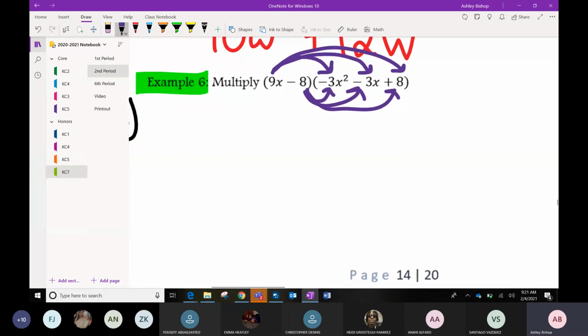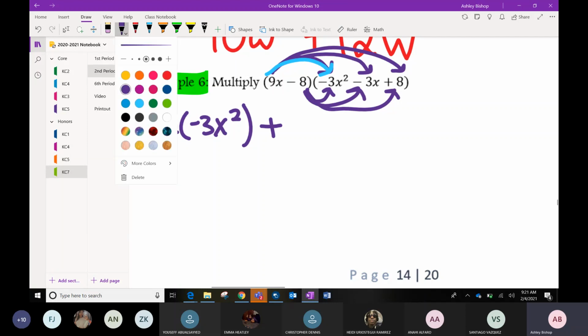So I'm going to move this over and start a little more to the left. I'm going to follow my very first arrow, which was 9x times -3x squared. Again, you have to show me this step because a lot can go wrong. Now follow my second arrow, plus 9x.